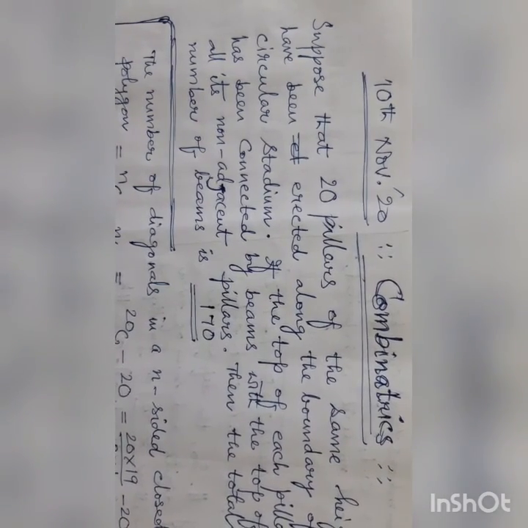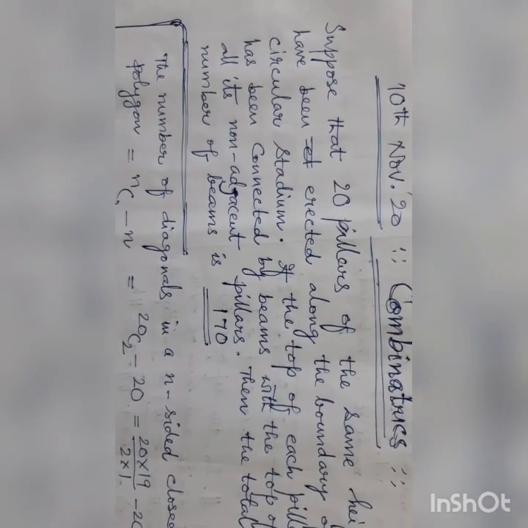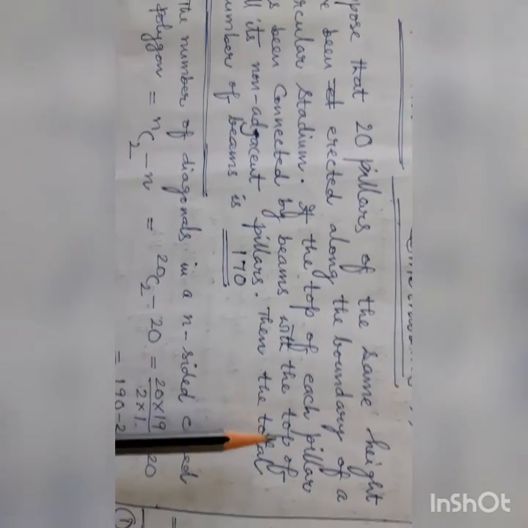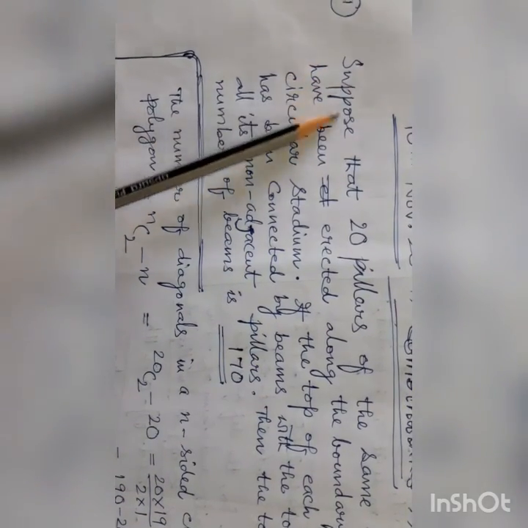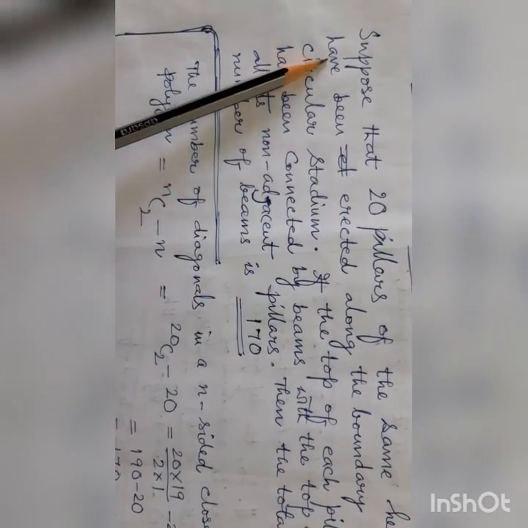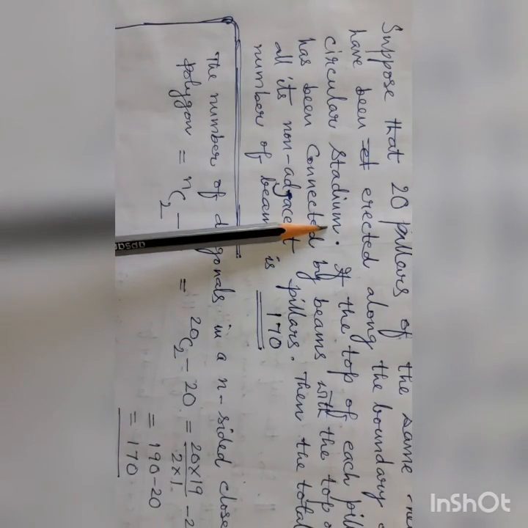Dear students, today we are going to learn some more previous JEE Mains questions on combinatorics. Suppose that 20 pillars of the same height have been erected along the boundary of a circular stadium.